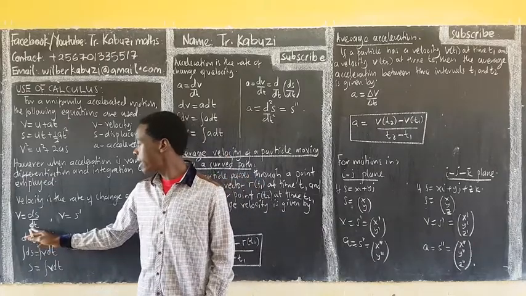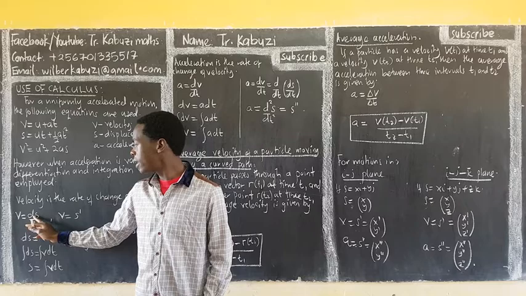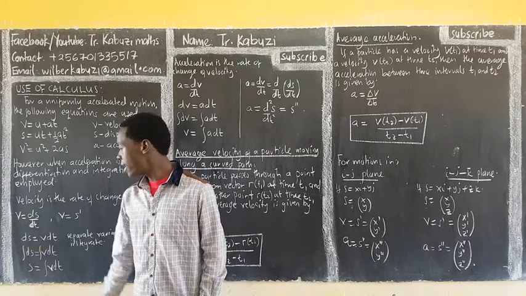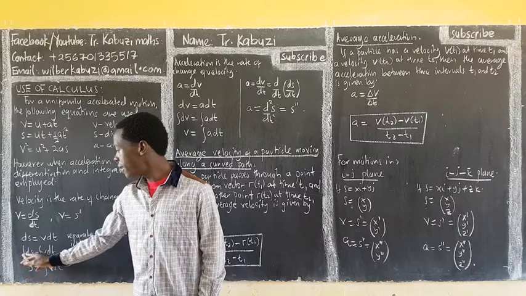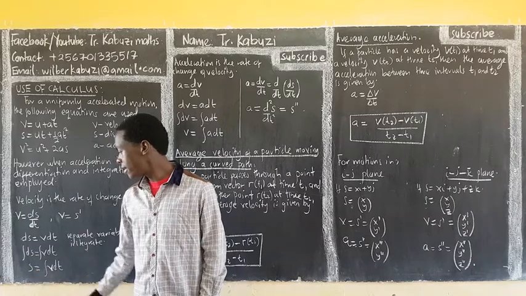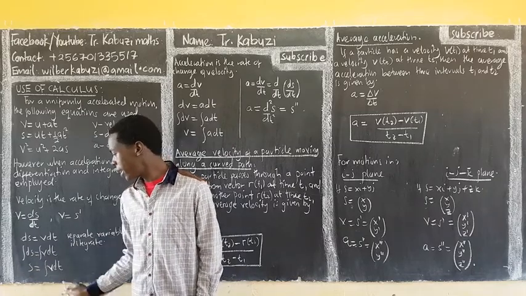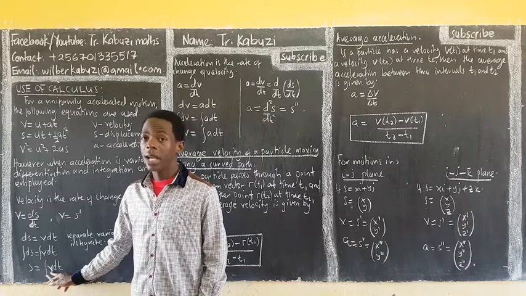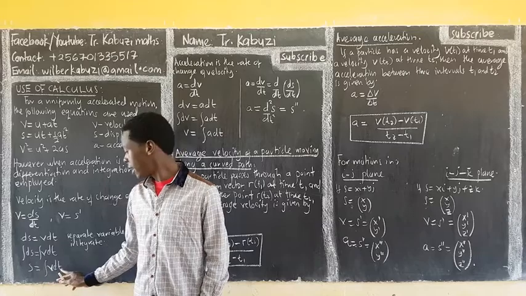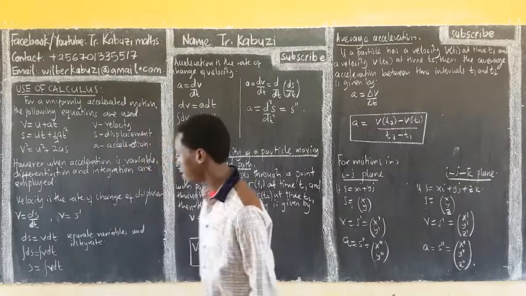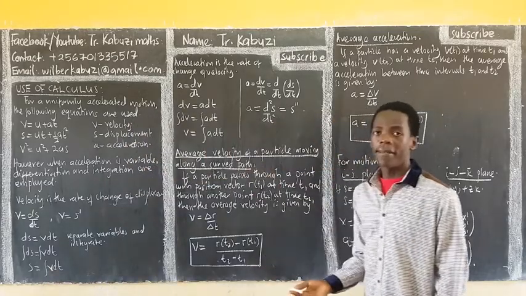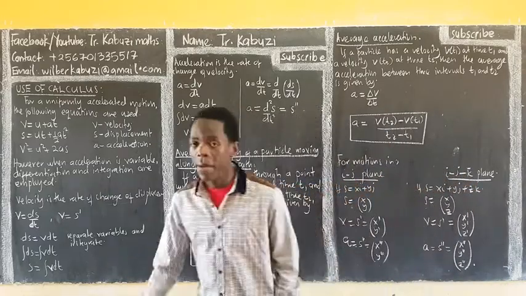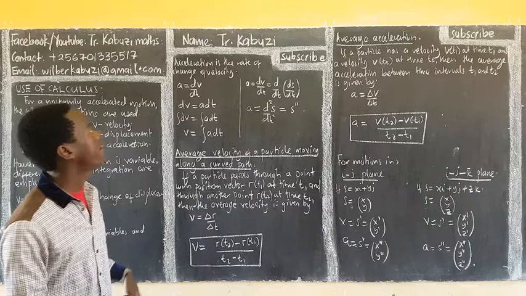When I separate, I get ds equals v dt, and we integrate both sides. It means we substitute a function of velocity in terms of t and integrate that. Of course, we shall have constants of integration if we don't have limits, if our integrals are indefinite.